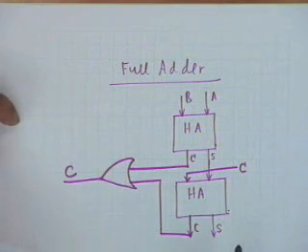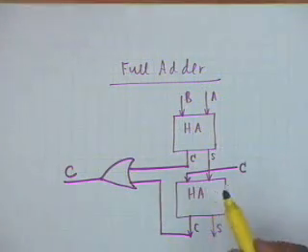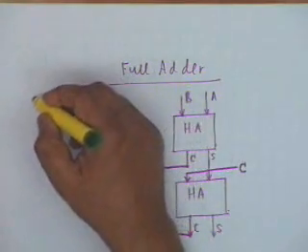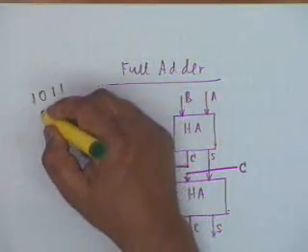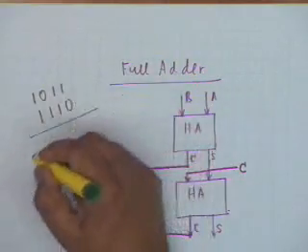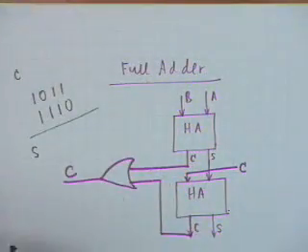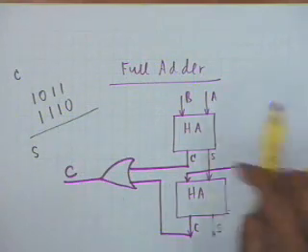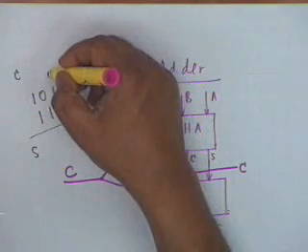Let me illustrate this. The best way to show that it is correct is to illustrate. Let me take 2 numbers, 1 0 1 1 and 1 1 1 0. We represent the sum here and the carry here. 1 and 0, the sum is 1 and the carry is 0.